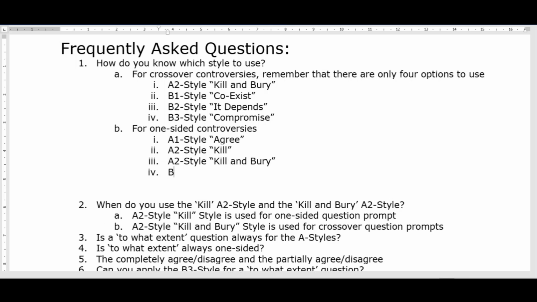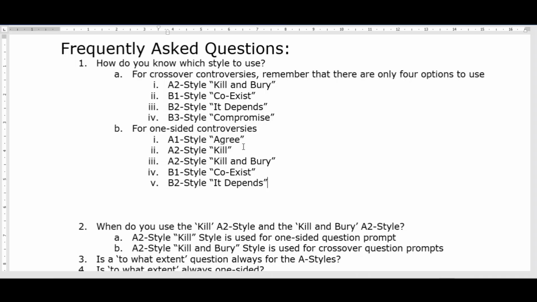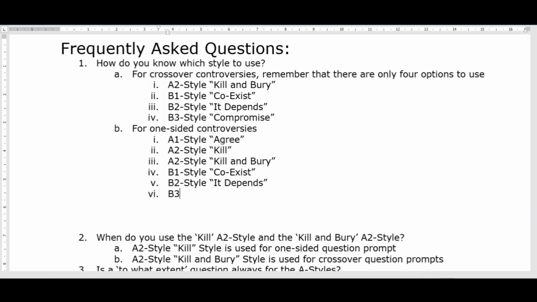The kill and bury, the B1 style, the coexist, and so here we're really going to the gamut of the 5 styles. The B2 style, which is what we call the "it depends," and then the B3 style, which is what we now call the compromise.